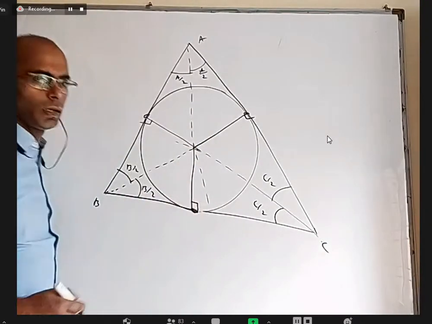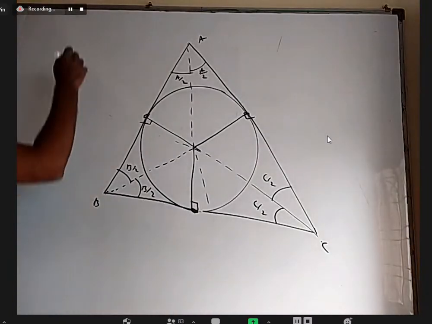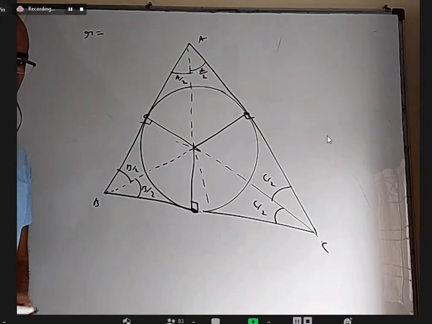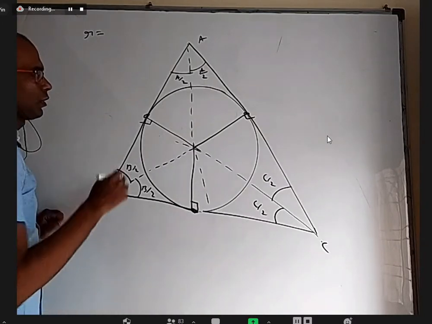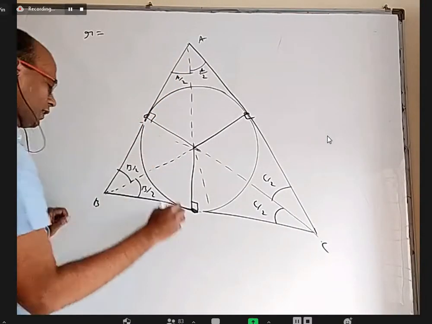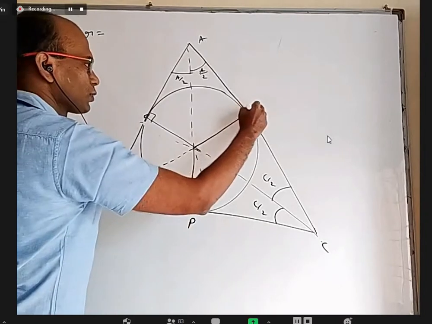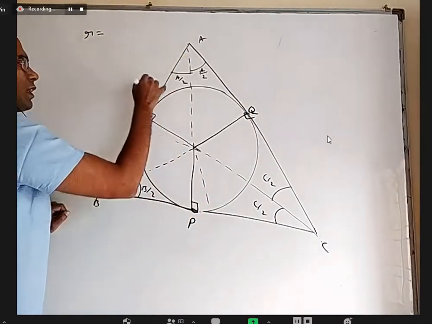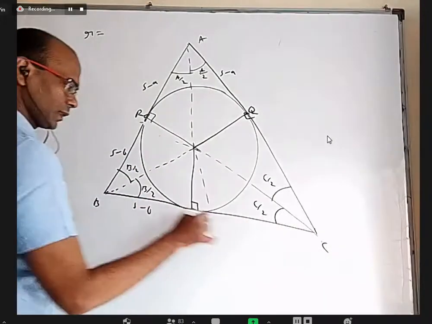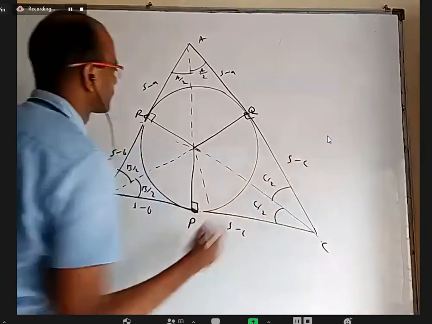Now, for small r, there are a few more formulas apart from delta by s. That is r equals s minus a tan a by 2. How to prove that is very simple. Sometime back we proved, when I gave names P here, Q here, R here, we got AR length as s minus a, and these two are s minus b, and these two lengths are s minus c.